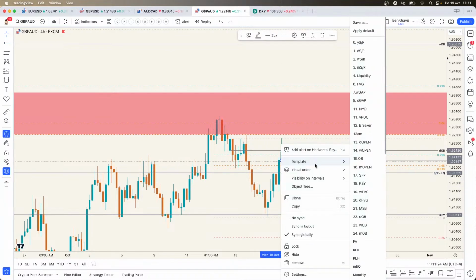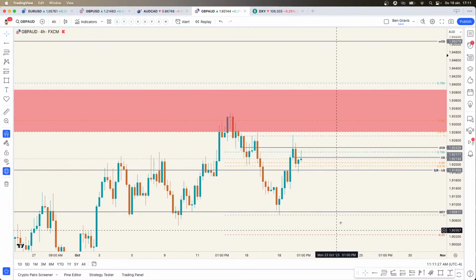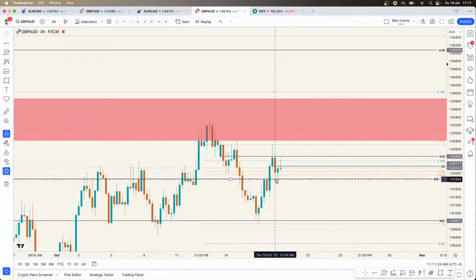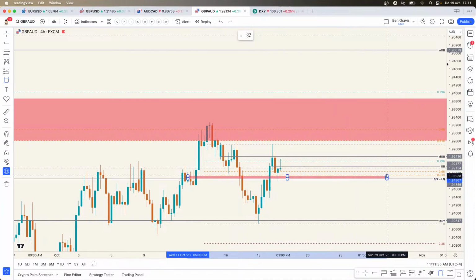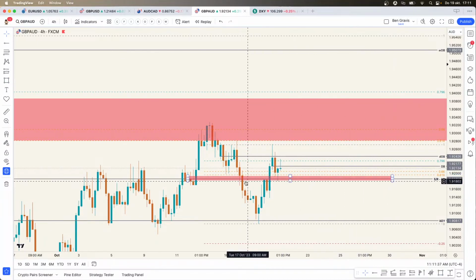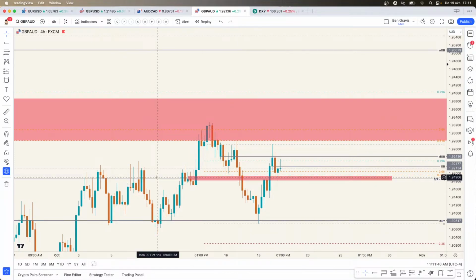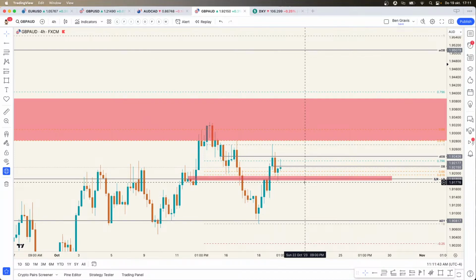I do like it currently, but I'm not convinced yet, because it is bouncing from this SR and this liquidity level. So once we go below this support level, as you can see, rejection here, some rejections over here. So it's a really, really important level.